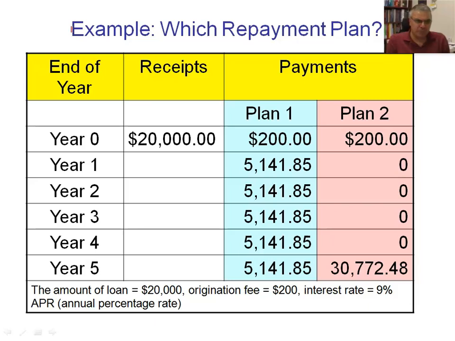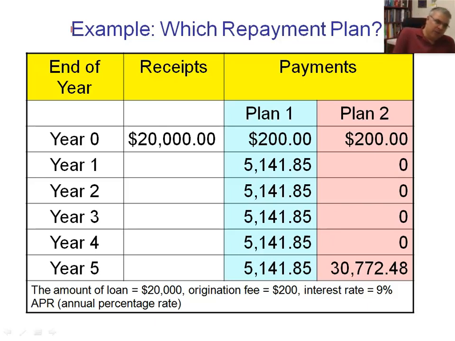So another example, again, somebody's taking a loan out today, $20,000, and there are two plans in front of him. One is, for both plans, pay $200 up front.